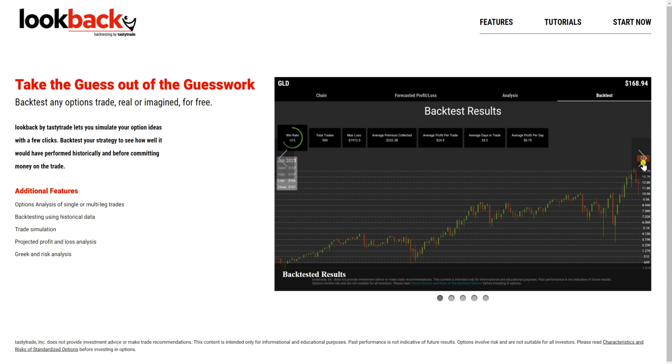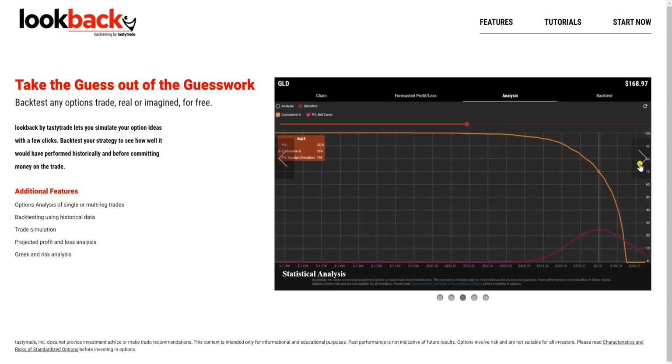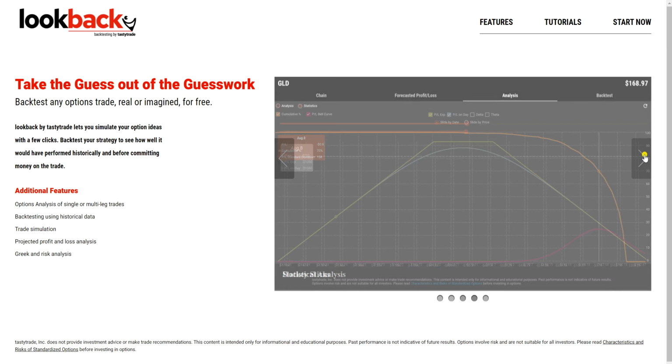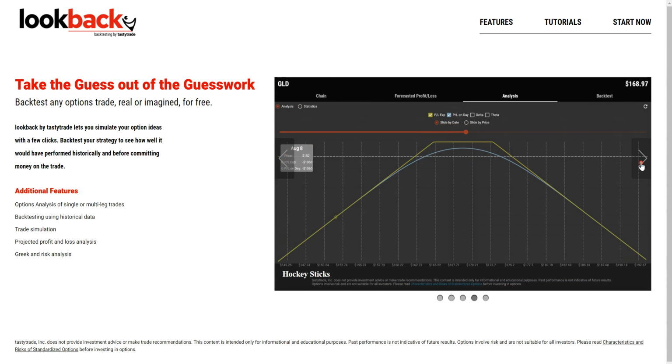So just going to scroll through some of the pictures here of what it looks like. So here's the backtesting results page. There's a forecasted profit and loss on a particular position. There's also statistics on how a trade behaves, similar to the analysis tool on Tastyworks. It's showing the same thing there.